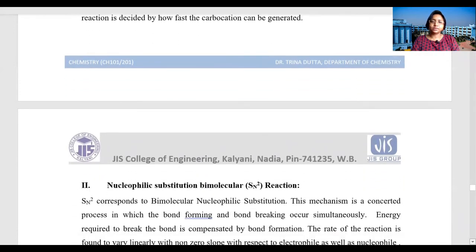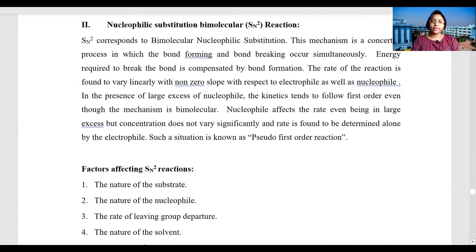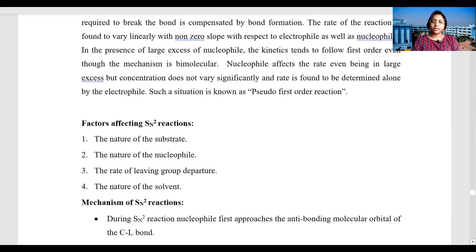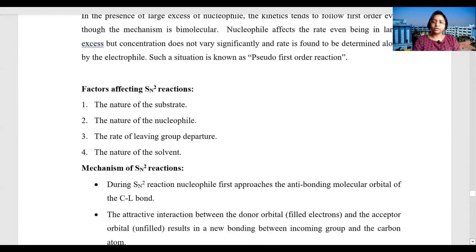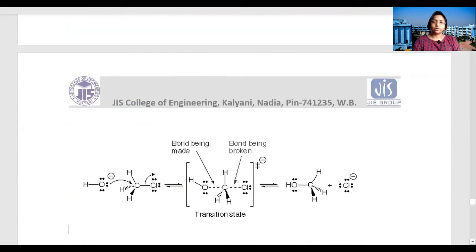So next, the SN2 reaction. In the SN2 reaction, what happens? First, it is attacked by the nucleophile. Look here in this picture. First, it is attacked by the OH minus. After that, there is a transition state.